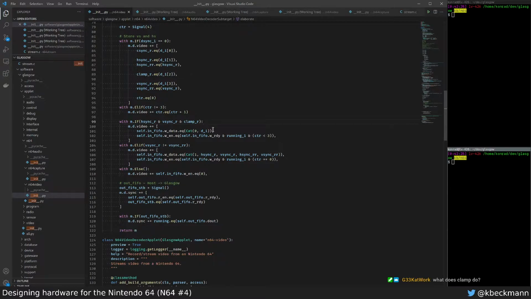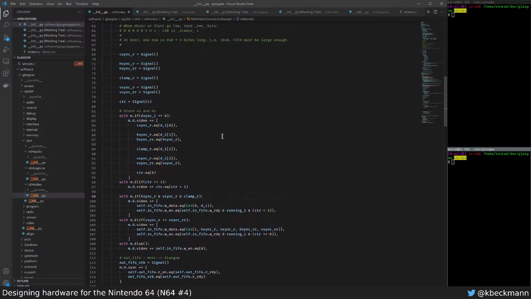But the problem is that the FIFO buffers are quite small, so we want to be able to send a burst of data with quite high bandwidth. This stuff runs at 50 megahertz, and the FIFO interface runs at 48 megahertz.